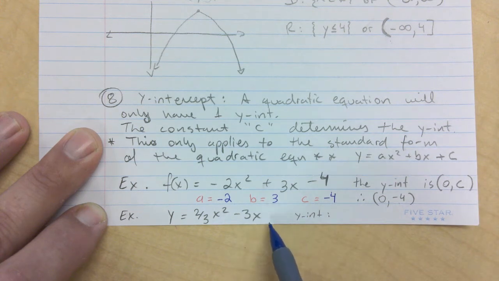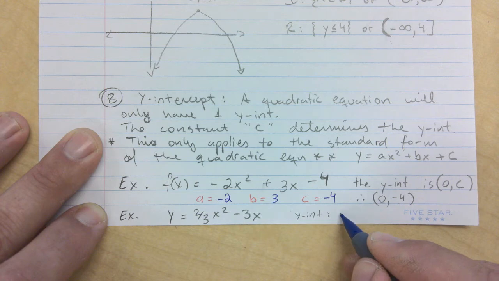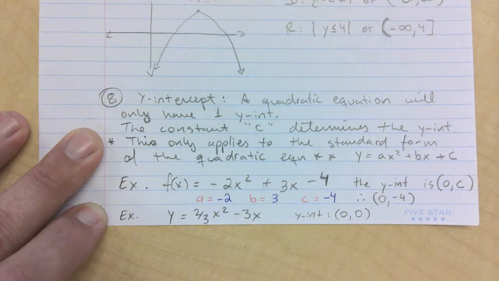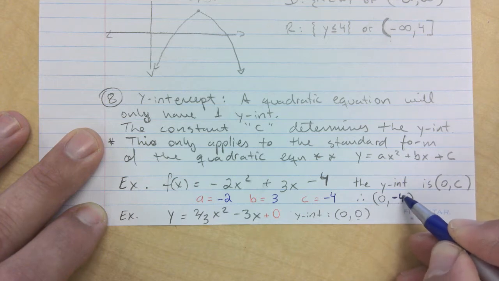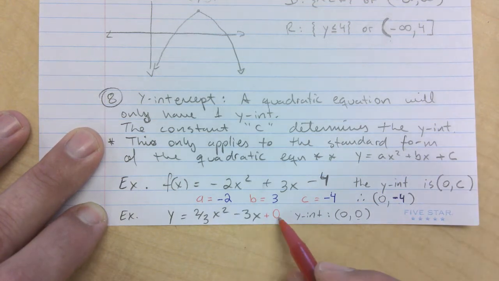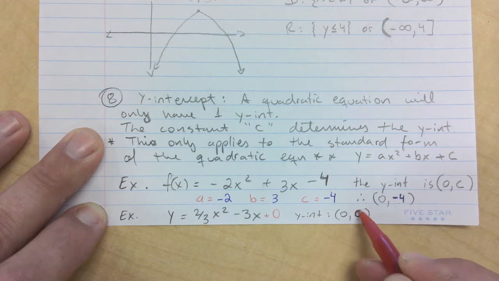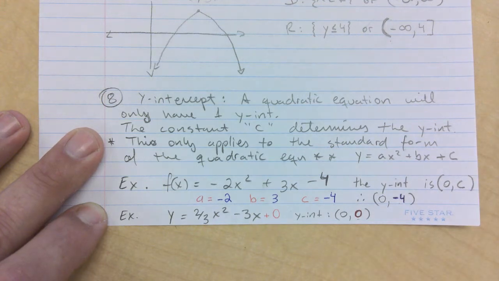A is 2/3, b is -3, c is 0, right? So this would be 0, because the c value is technically there. You just wouldn't bother writing it down, right? So maybe I'll just do -4 here, use that color, and use the 0 here, just to make sure.